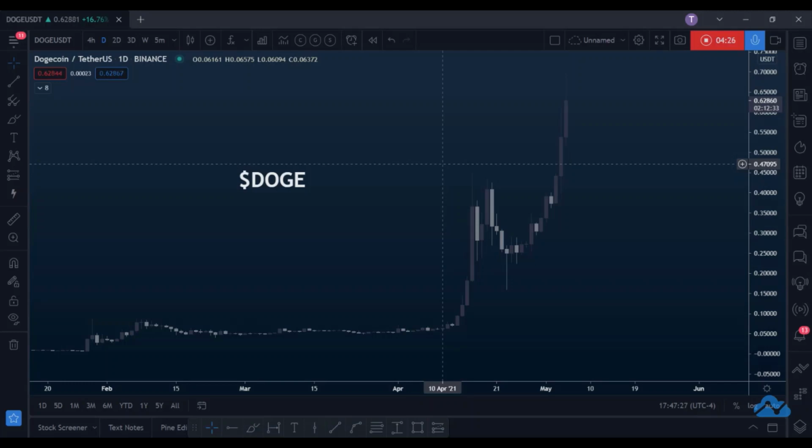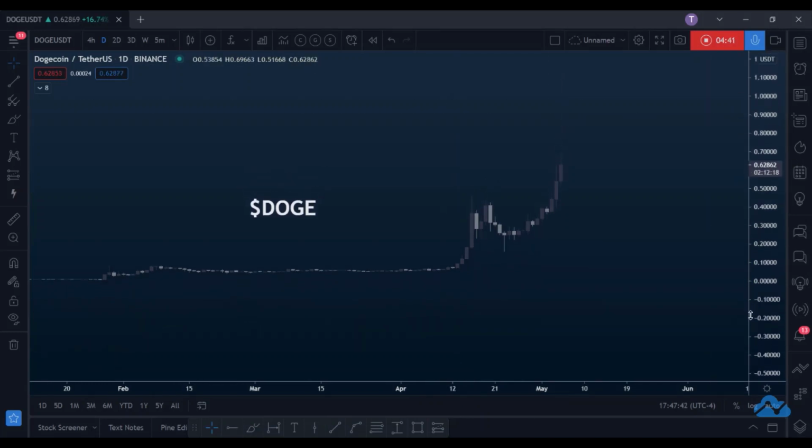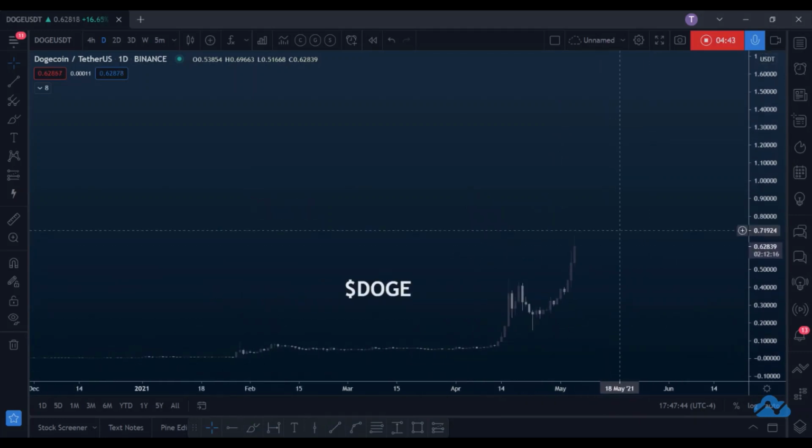For me personally, I don't want to give out a price target. Obviously not trying to give financial advice here. If I had to guess, I'm going to say we do go to a dollar and then maybe a few dollars.